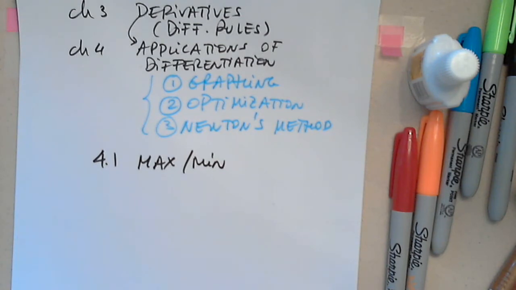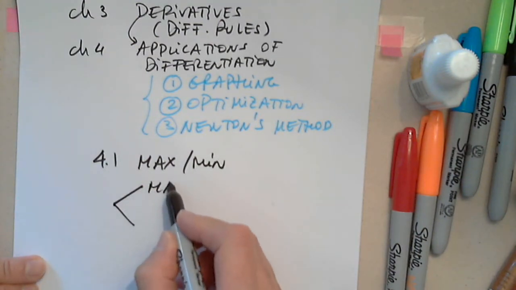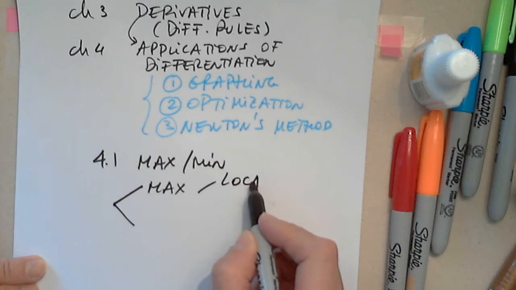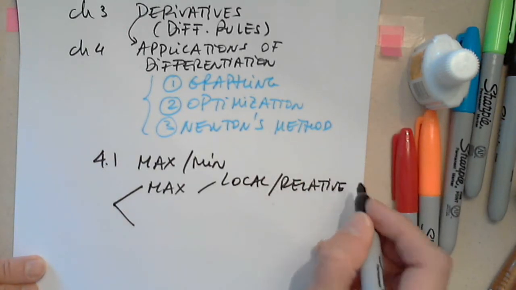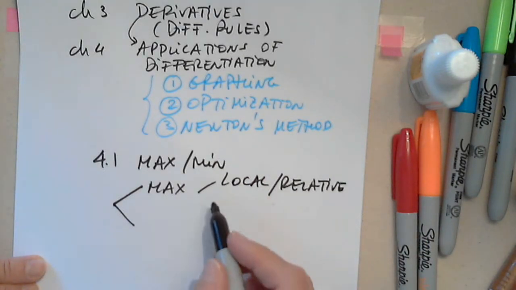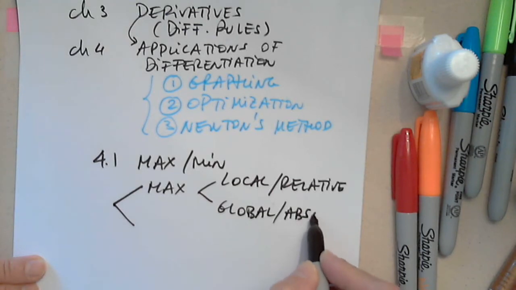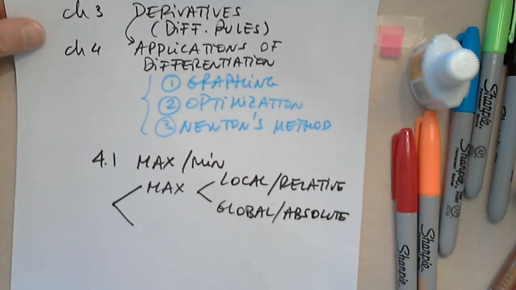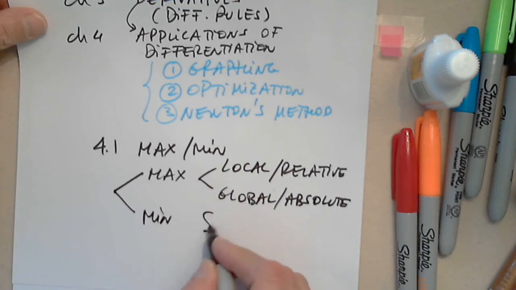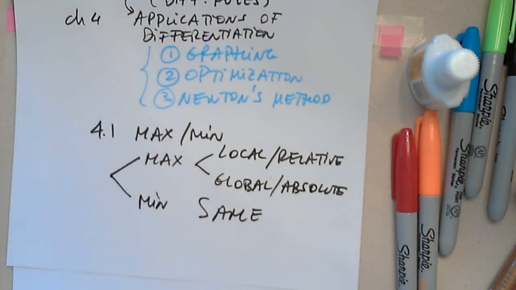We do have 2 different groups of max: local, also called relative, interchangeable, maybe the same thing, or global, absolute. You can call it local and then absolute, or global and relative, it doesn't matter. And the same thing for minimum: local and global, or absolute.